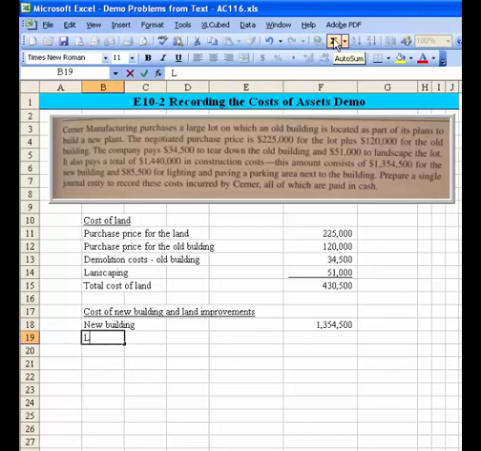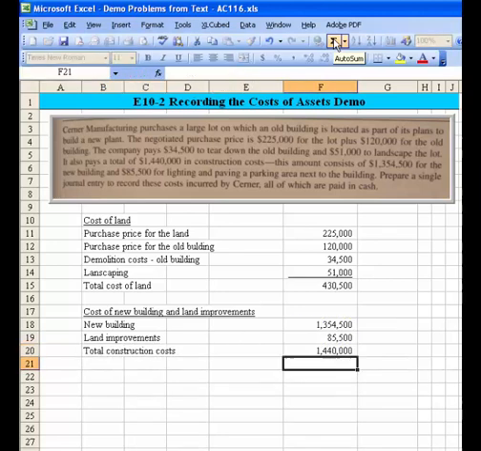And then we also have the land improvements, which again, given in our problem, pretty straightforward, was $85,500. Okay, so our total construction costs would be the sum of those two items, gets us to $1,440,000. And then the last part of this problem is simply to put together the journal entry.